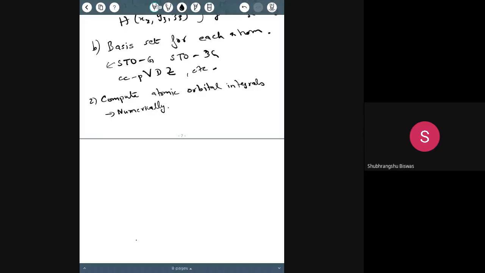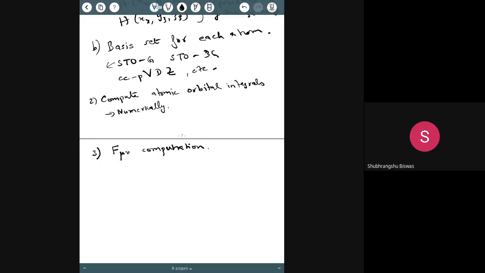Once you have the integrals, you can compute the Fock matrix, F mu nu. But remember, F mu nu also contains the MO coefficients or the density matrix.